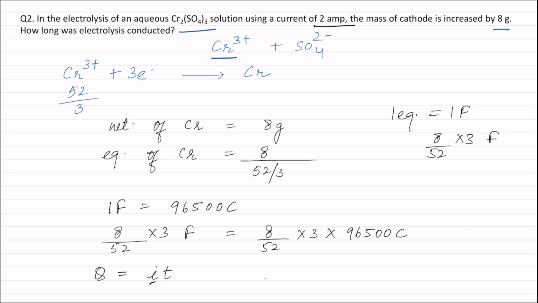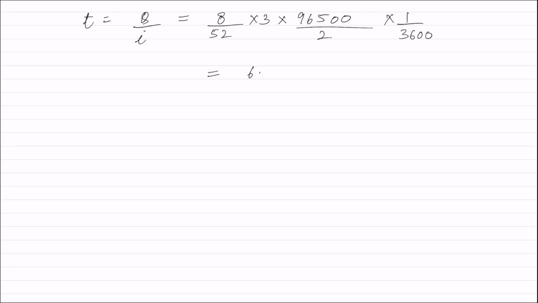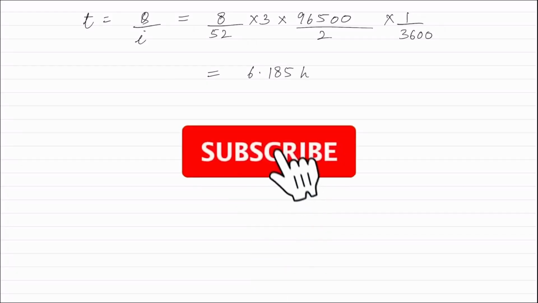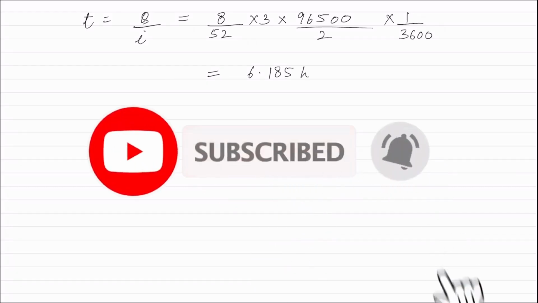From this, the value of time will be equal to Q divided by I. T is equal to Q divided by I, and this will be equal to 8 divided by 52 into 3 into 96500 divided by 2, and dividing this by 3600 will give the time in hours, and this is equal to 6.185 hours. Therefore, this electrolysis will be conducted for 6.185 hours.